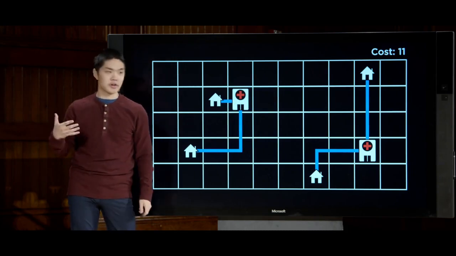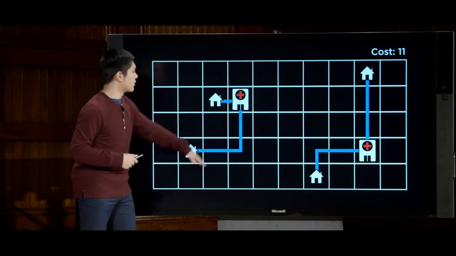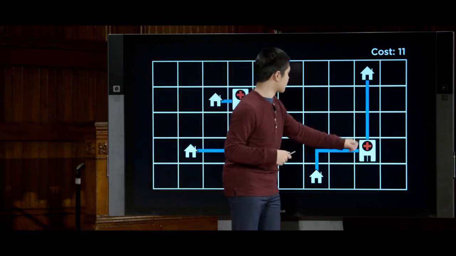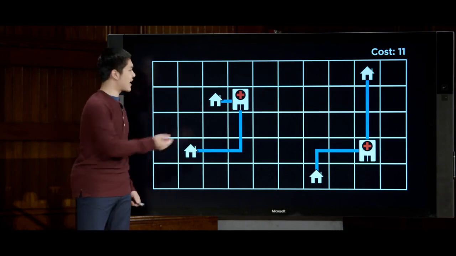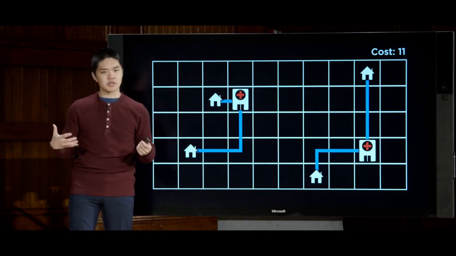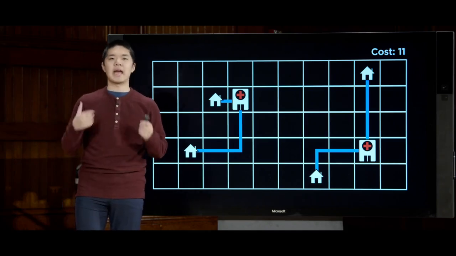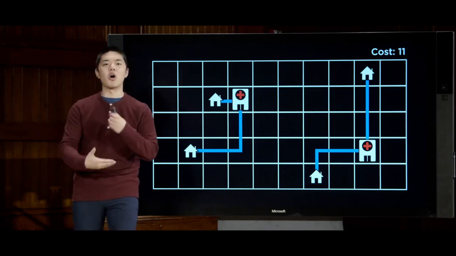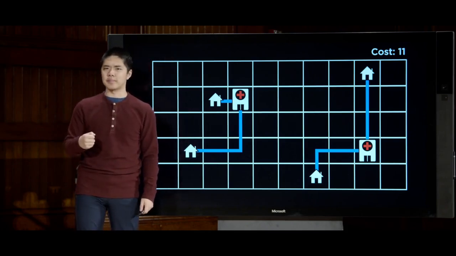Now instead of a cost of 13, we have a cost of 11, because this house is 1 away from the hospital, this one is 4 away, this one is 3 away, and this one is also 3 away. So we've been able to do much better than that initial cost that we had using the initial configuration, just by taking every state and asking ourselves the question, can we do better by just making small incremental changes, moving to a neighbor, moving to a neighbor, and moving to a neighbor after that?